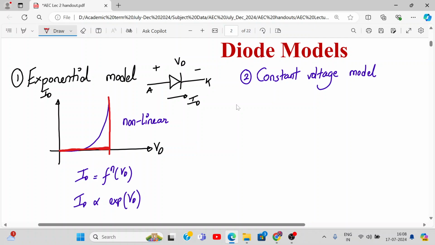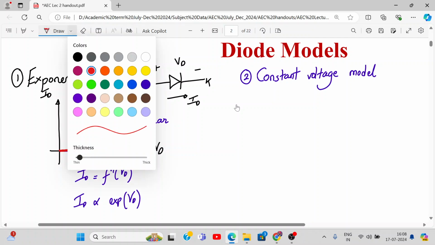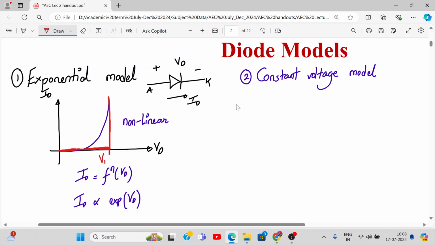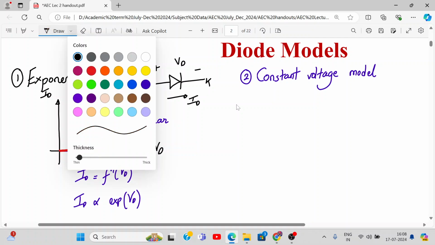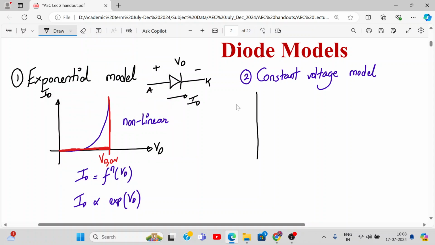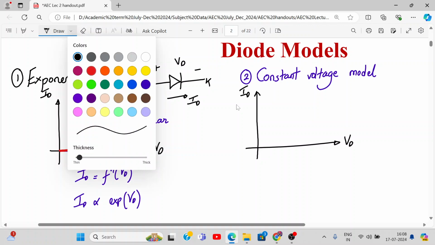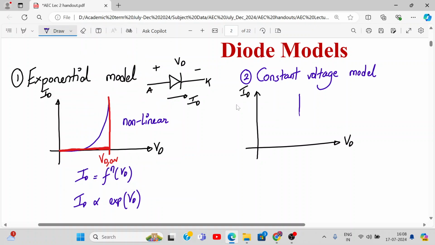And what was this voltage called? VD on. Okay, so again I'm redrawing it over here. So this was VD, this was ID, this is how it looked in zero also, meaning in negative values of VD also. So this was VD on.